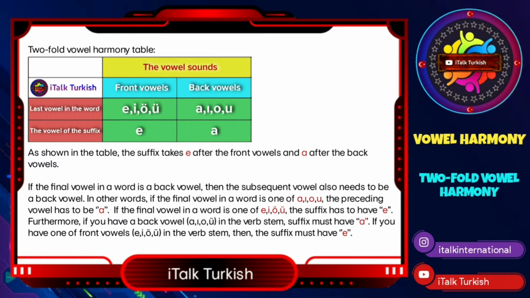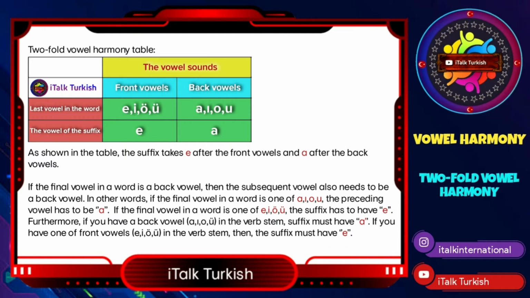In other words, if the last vowel in a word is one of A, I, O, U, the suffix has to have A. Moreover, if we have a back vowel in the verb stem, the suffix must have A. If we have one of the front vowels in the verb stem, then the suffix must have E.